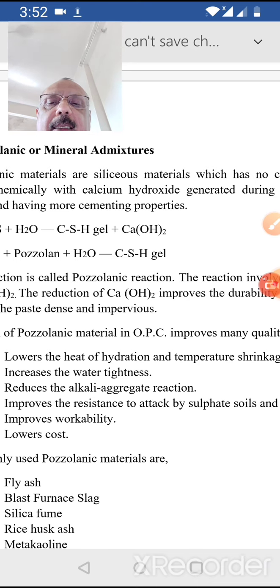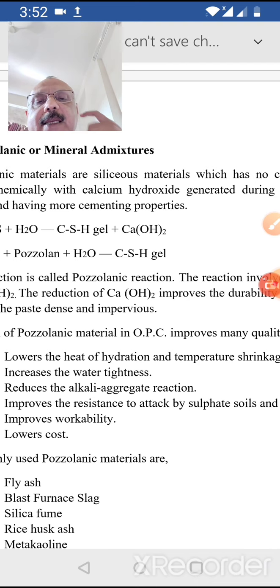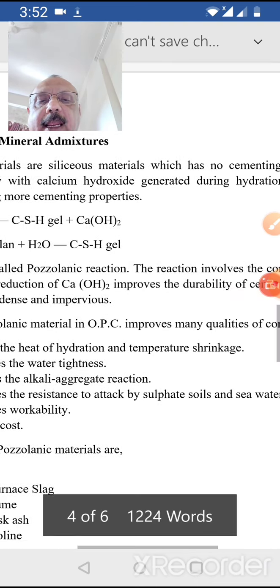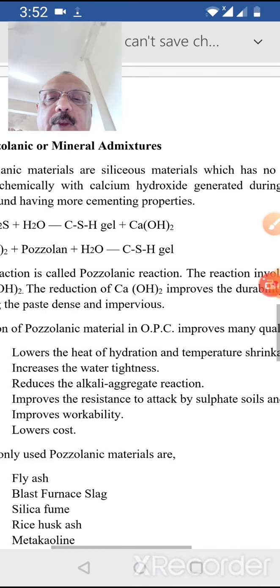Next, mineral admixtures or pozzolanic admixtures improve the resistance to attack by sulfate soils and seawater. So in marine construction it is more commonly used.